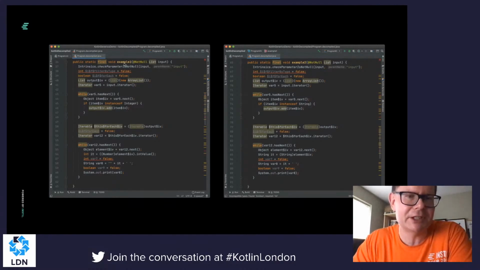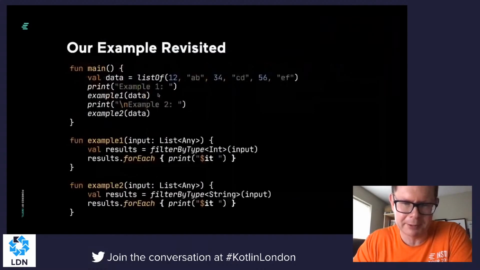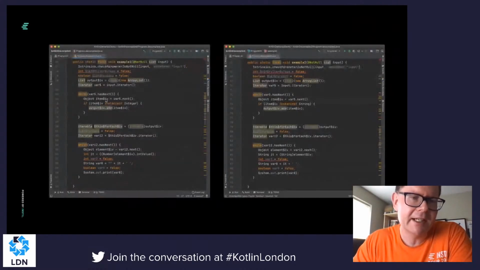So you see here we've got our two functions, example 1 and example 2. Just going back, remember that in example 1 we were filtering by int, in example 2 we were filtering by string, and that was our filter by type function. If you look, the code for filter by type has been embedded in both example 1 and example 2.